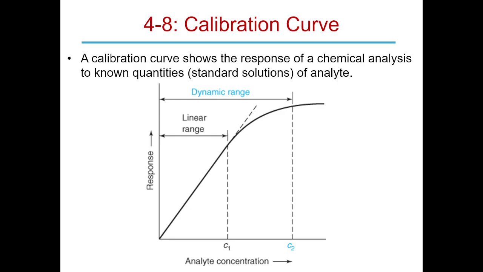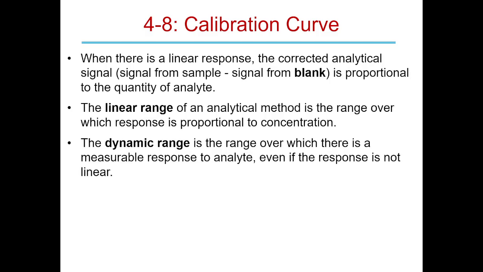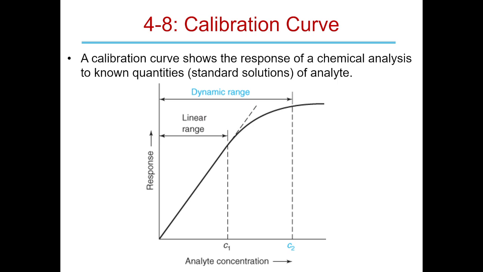And so you don't know if you've increased the concentration after the dynamic range. You won't be able to detect it. By the way, this changes depending on the instrument. This is not constant for all instruments all the time. The dynamic range can change and the linear range can change, depending on the method and instrument you're using.